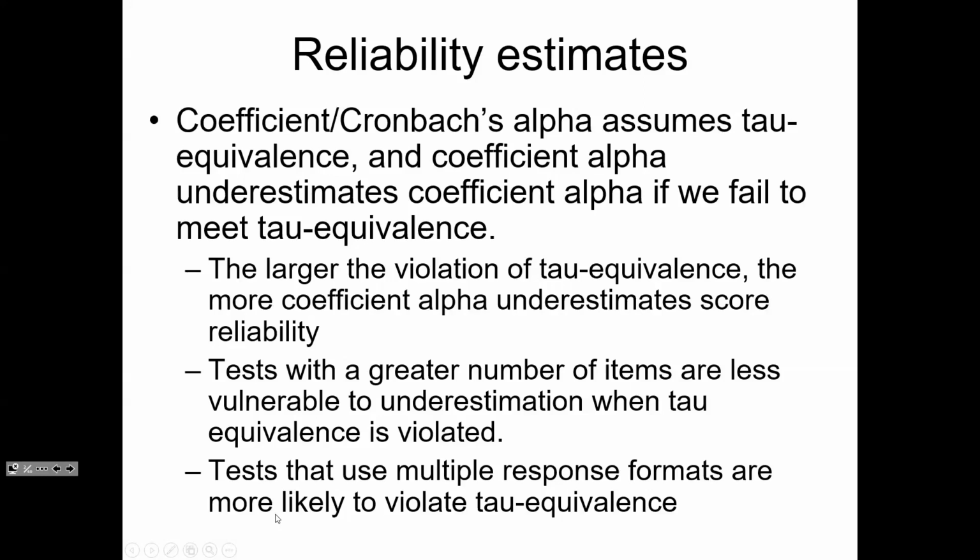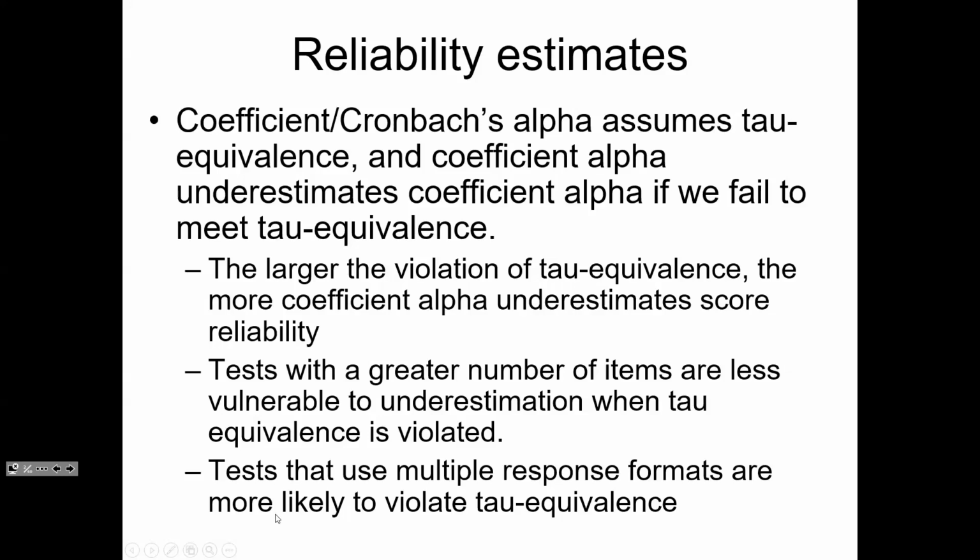So there's been a lot of hubbub in the measurement and methodological world over the last 4 or 5 years about the misuses of Cronbach's alpha, and how Cronbach's alpha is not the be all and end all, and that we should be using other measures of reliability.